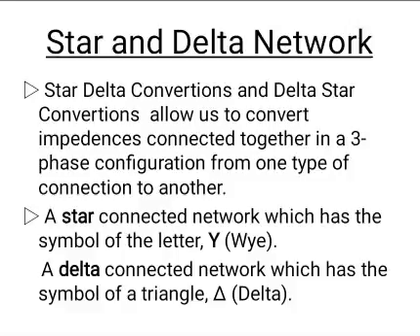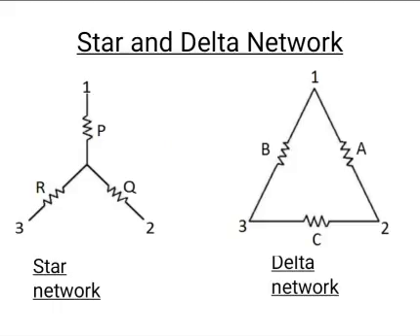Standard three-phase circuit networks take on two major forms with names that represent the way in which the resistors are connected. First, a star connected network, which has the symbol of the letter Y. Next, a delta network, which has the symbol of a triangle, delta.